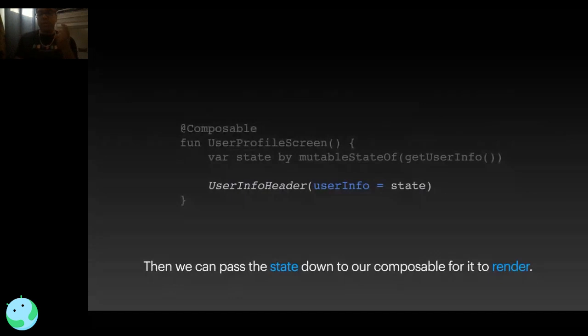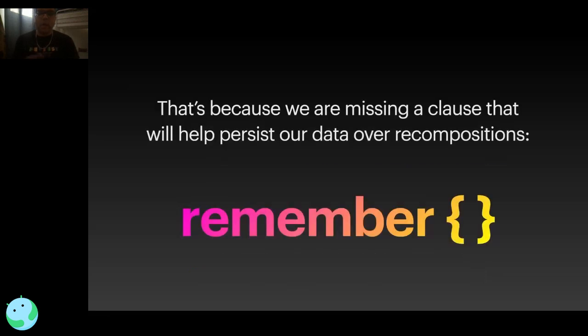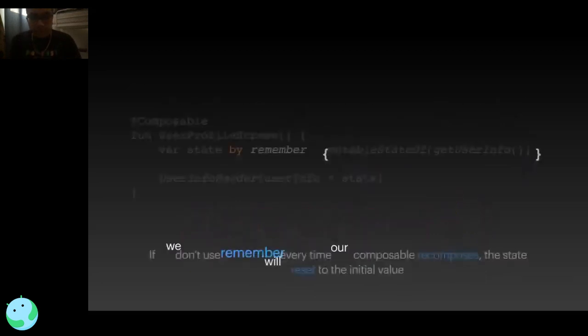But at this point, if you're doing it the same as I have done, you should be seeing a "creating a state object without using remember" warning. That's because we are missing a composable function that will help persist our data over recompositions, which is remember.